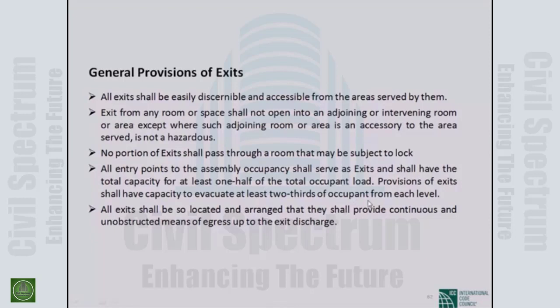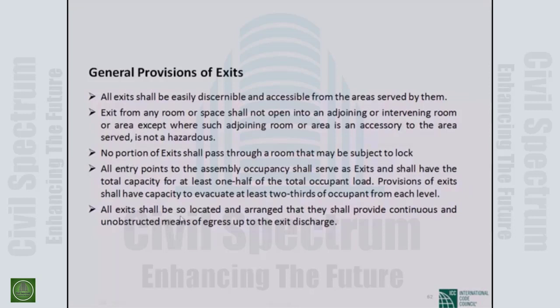Before it was saying the same floor, now it is saying different floors. Particularly in assemblies, 2 or 3 floors are accommodated. They use different levels, particularly in theaters and auditoriums.